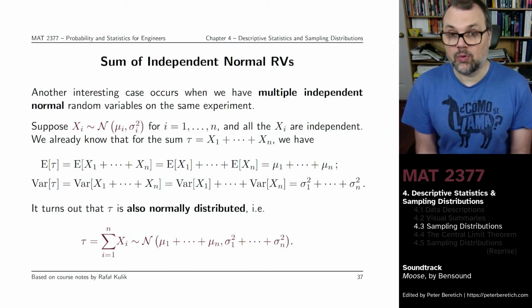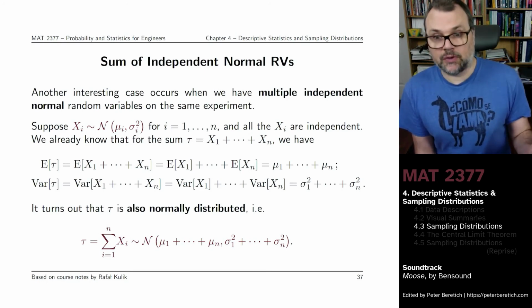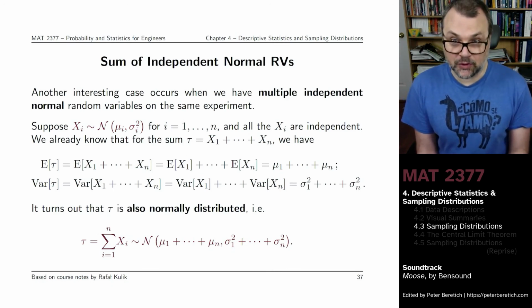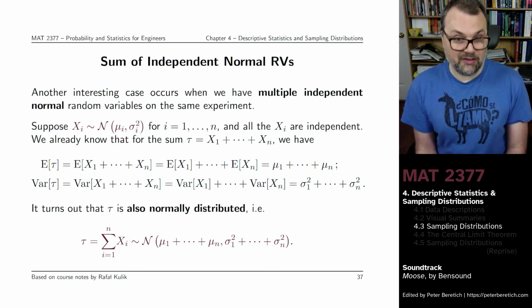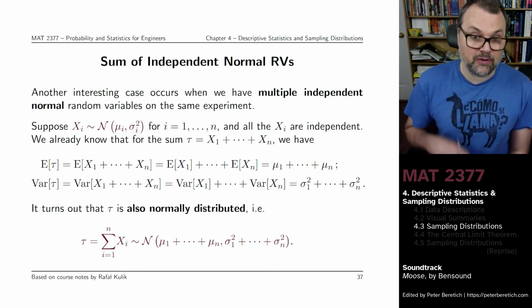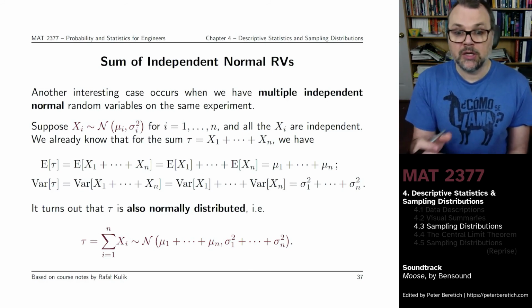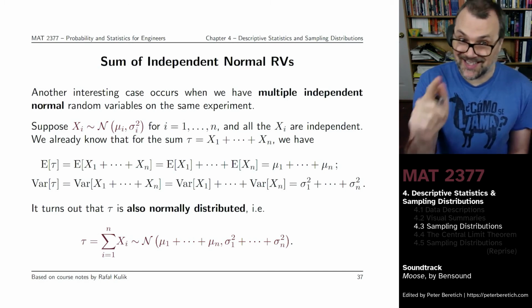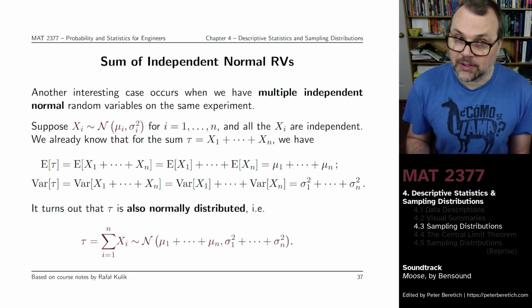There was no guarantee that this was going to be the case. The expectation of the total is always the sum of the means, and the variance of the total is always the sum of the variances. But the fact that these are the parameters of the normal distribution, so that the total is normally distributed, we didn't know that this was going to happen. This is only the case exactly if the original measurements were also normal to start with.